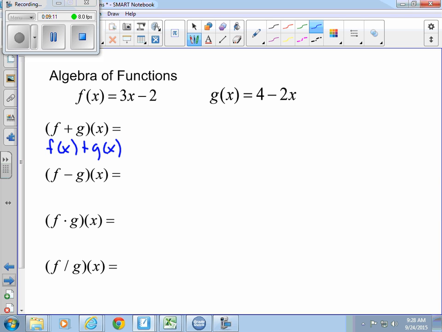So F of X is 3x minus 2. G of X is 4 minus 2x. So F plus G of X is F of X plus G of X. Just combine like terms.